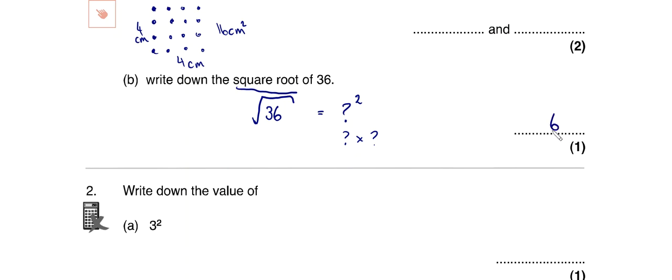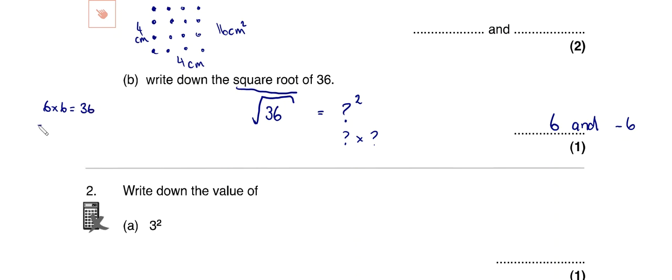Now, because you're working at slightly above level, some of you might know the answer to the square root of 36 is actually 6 and negative 6. Because 6 times 6 equals 36, that's why it's square root.